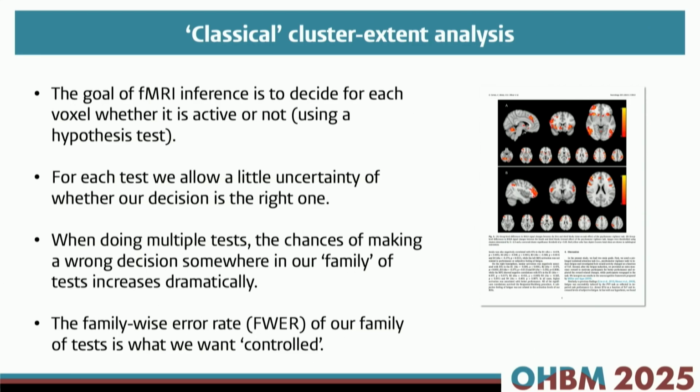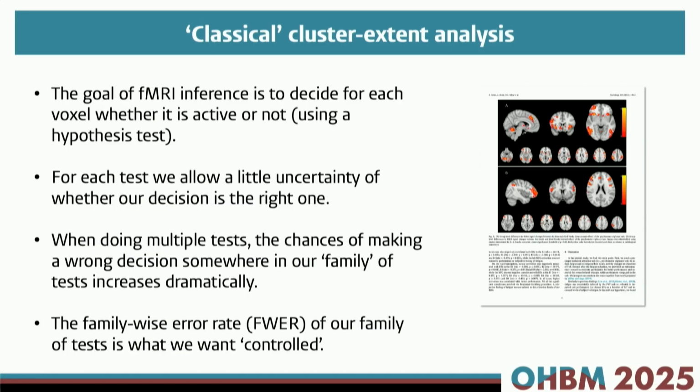It's a map of statistic values, and we have to decide which of all these values are significant, yes or no. And this is quite a struggle maybe, because we have a lot of these images. In a standard MRI analysis, not even the most fancy ones, we have over 200,000 voxels that we test for activation. And each time we test, of course, we allow a little uncertainty of whether our decision is the right one, right?